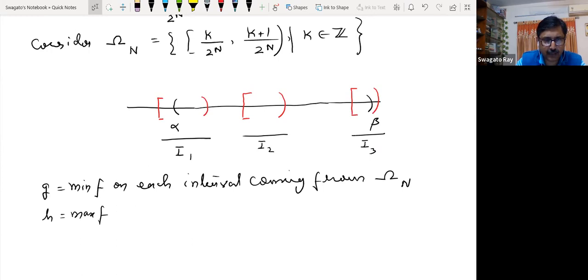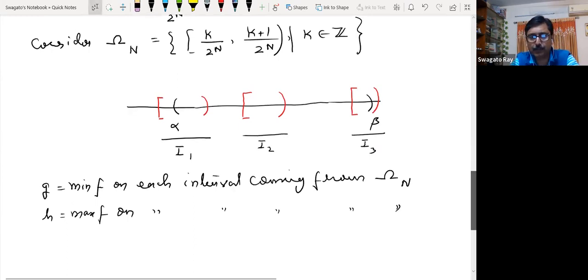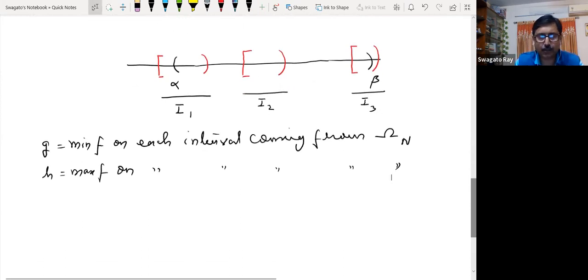I can do that because my f is real valued on each interval coming from omega capital N. If I do that, then the following happens. So you understand that your G is basically a step function, right? On a given interval, the height of G remains same. On a given interval, the height of H also remains same.